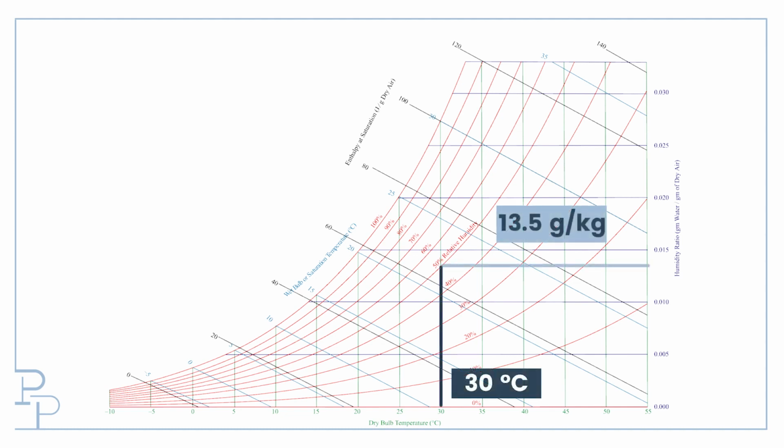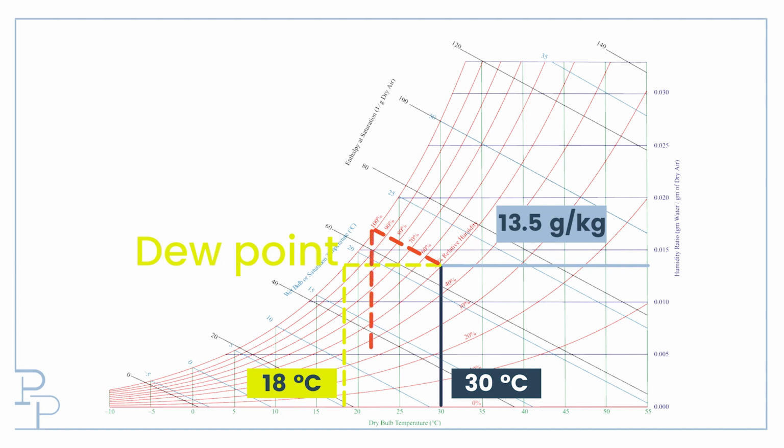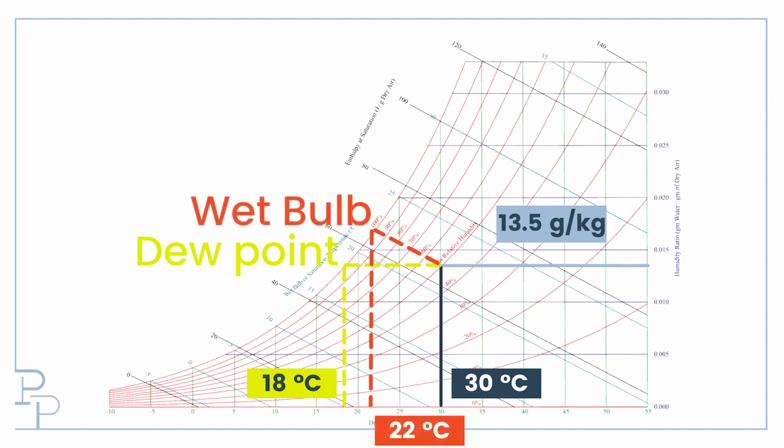So for dew point, we ran horizontally across until we hit the saturation curve to get the dew point temperature. For wet bulb temperature, we run along a line of constant enthalpy until we hit the saturation curve. So air at 30 degrees and 50% relative humidity has a wet bulb temperature of 22 degrees, and that is obviously different from its dew point.